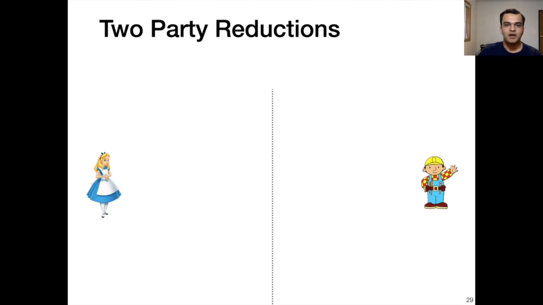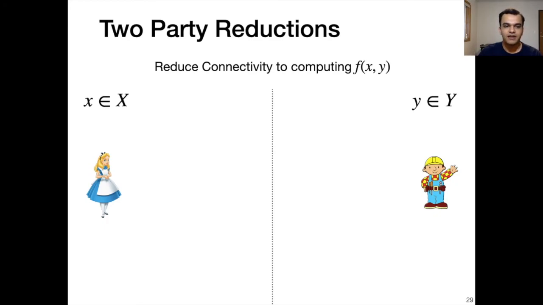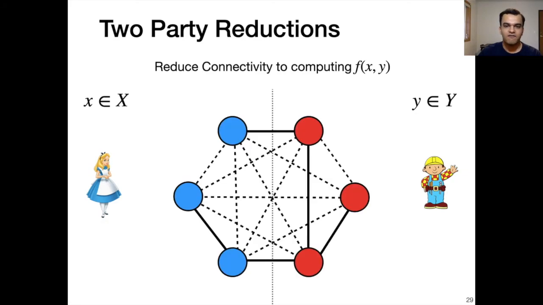We want to use two-party reductions to show BCC1 lower bounds. The way we do it is by reducing connectivity in the BCC1 model to computing some function f of x, y in the two-party communication complexity setting. So Alice and Bob get private inputs x and y. They will construct an all-to-all communication network along with an input graph using their private inputs x and y, such that Alice will simulate the blue vertices and Bob will simulate the red vertices in the network.